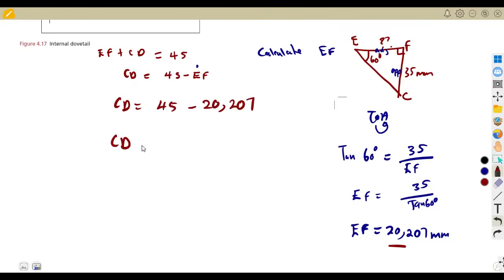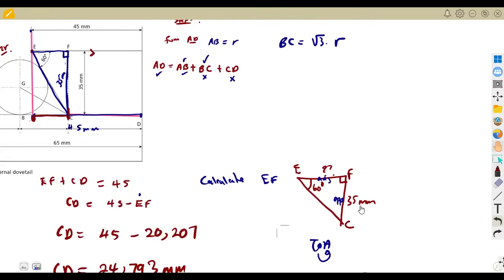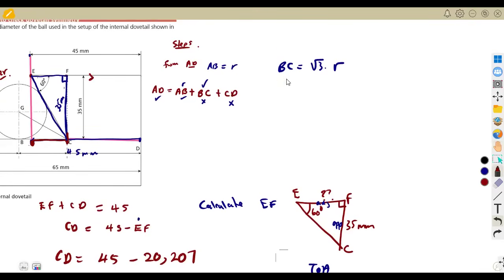So that means our CD is going to be 24.793 millimeters. So everything is there. We have got our CD, 24.793 millimeters.